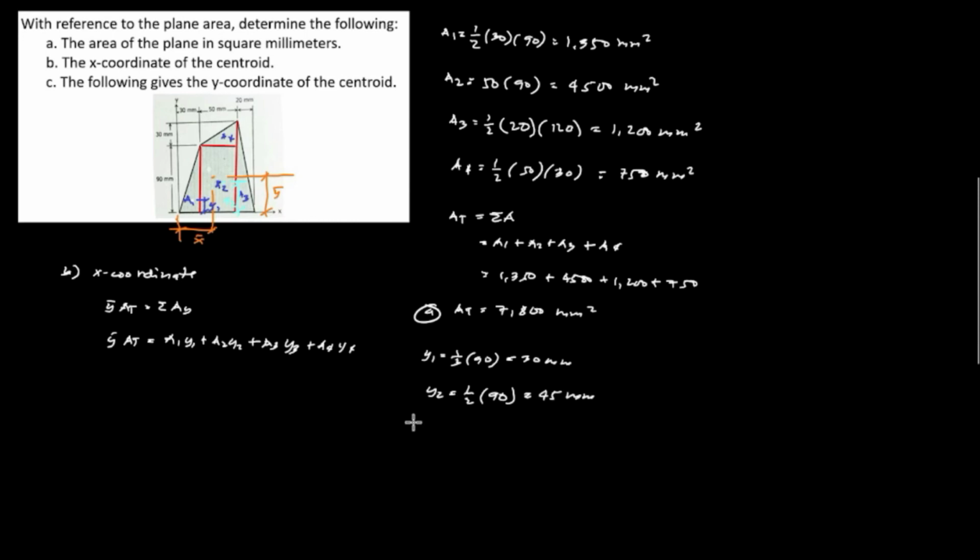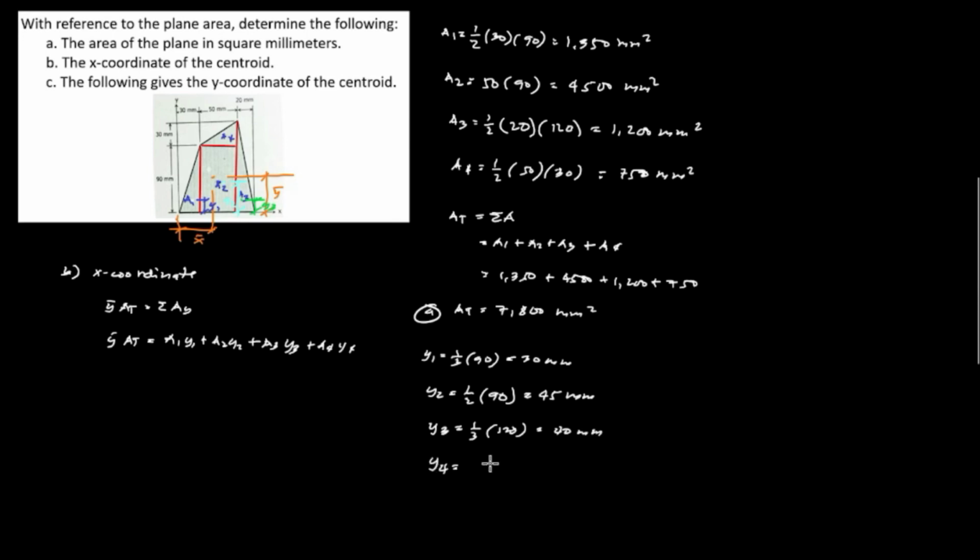Next, we will find the distance y sub 3, the triangle, which is 1/3 of the height of the triangle, and that's 120 millimeters. So 120 over 3 or 40 millimeter.